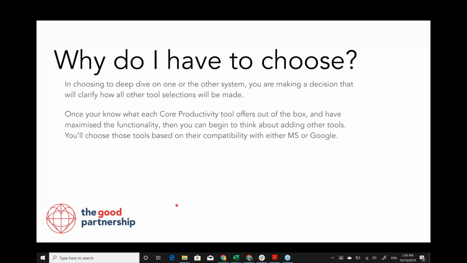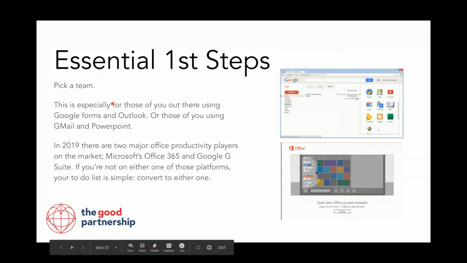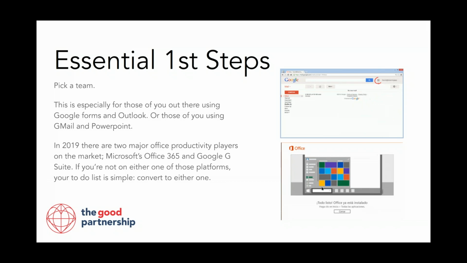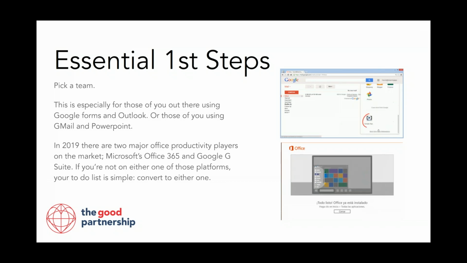It also means, I think I sort of made this note back here. Okay, so in the pick a team and going deep on them, this is a message for those of you who are using, say, Outlook, but then you kind of sneakily use Google Forms every now and then to build a form. That's what we would call a shadow system, right?